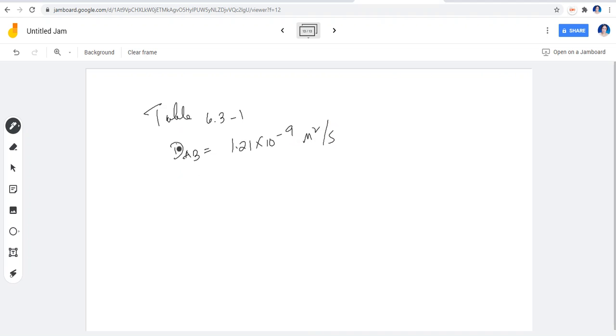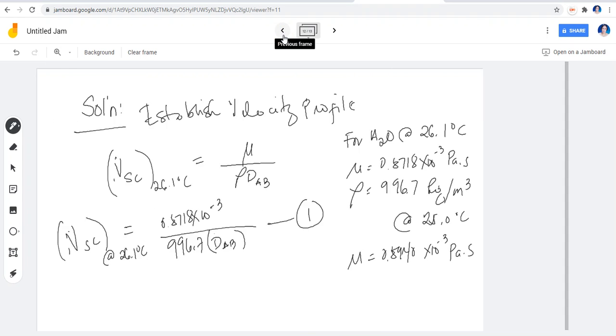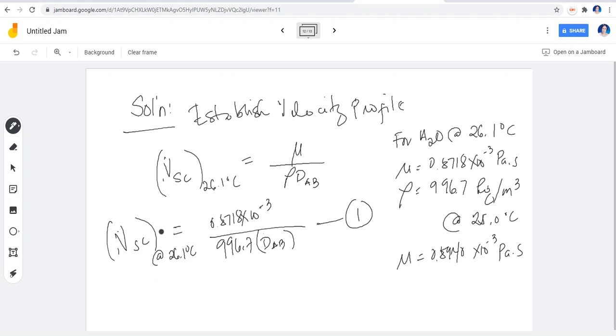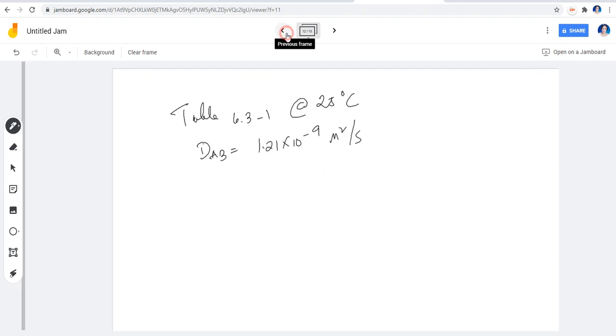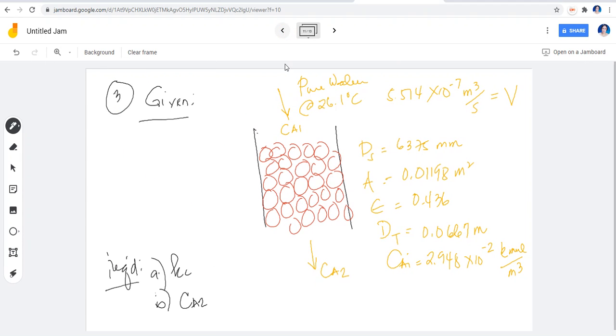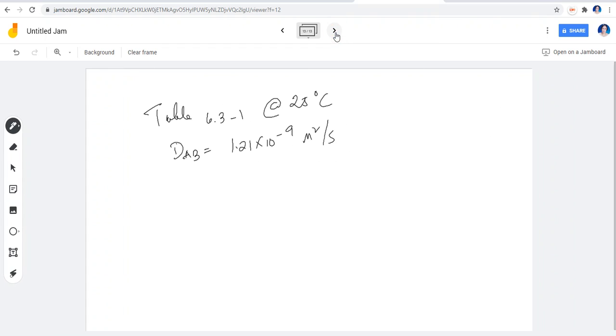However, this table gives us the molar diffusivity at standard condition of 25 degrees Celsius. Our problem has the temperature at 26.1 degrees Celsius. So there's a need for us to correct this value that we have taken from the table to the condition in which our system is. So it's 26.1 degrees Celsius. So how do we correct this particular DAB to the temperature which is 26.1 degrees Celsius?